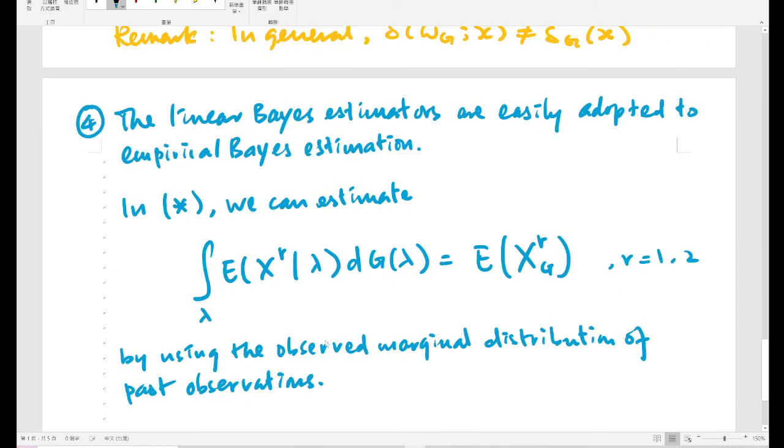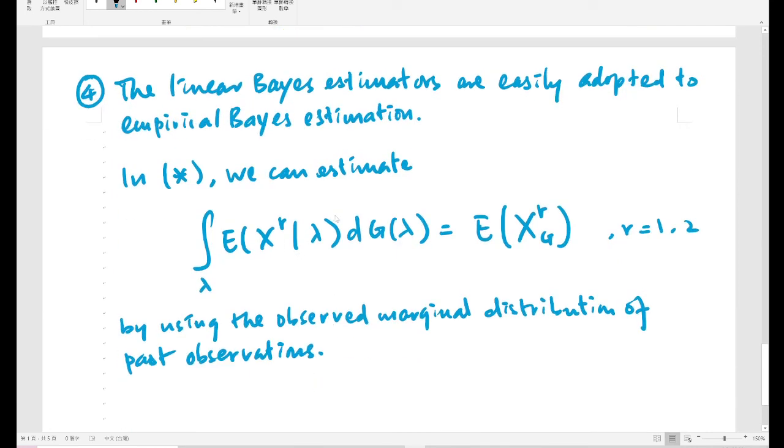The last remark is this. Linear Bayes estimators are easily adapted to empirical Bayes estimation. For example, in the star matrix equation, we can estimate the moments of x by the observations, because it is an integration over lambda, so it is an unconditional moment of x.